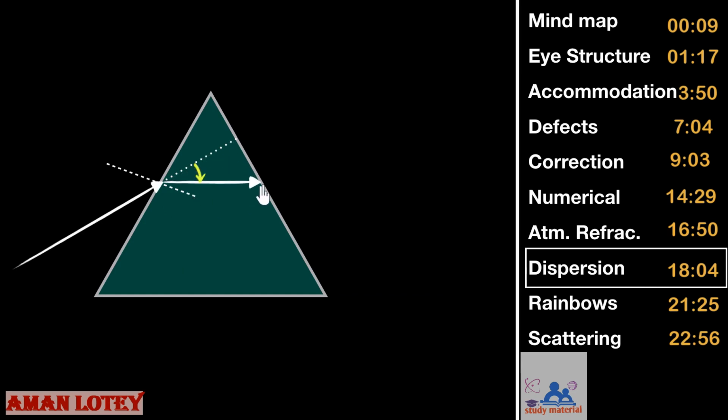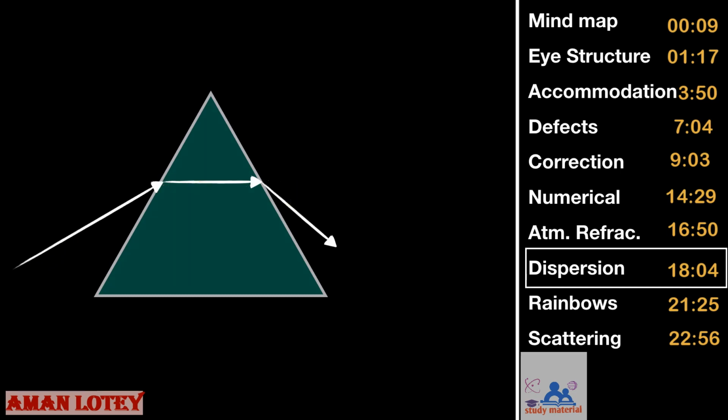And then it exits the prism and enters into the rarer medium, and therefore this time the ray will bend away from this normal. And so the ray bends twice towards the base of the prism. And so the important thing to note is that the emergent ray has changed its direction compared to the incident ray. It's not parallel to it.